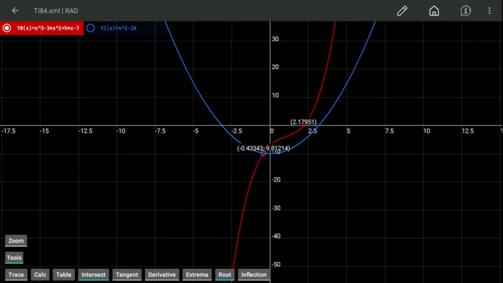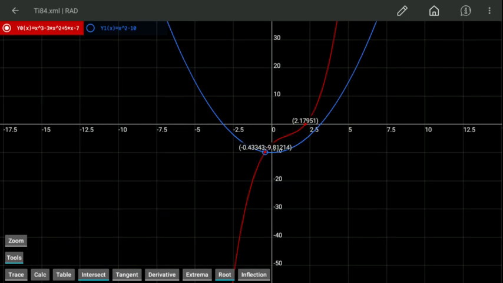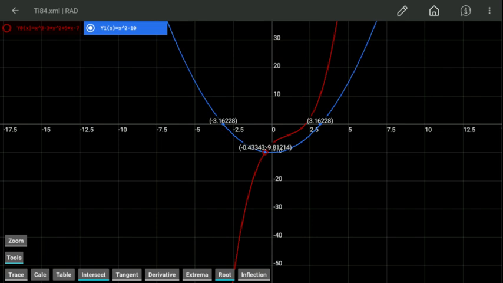Now, if I want the one for the blue function, I'm going to click on that, and notice it gives me the two x values that are the roots or the zeros of x squared minus 10.